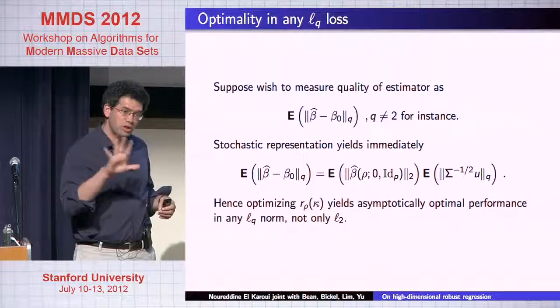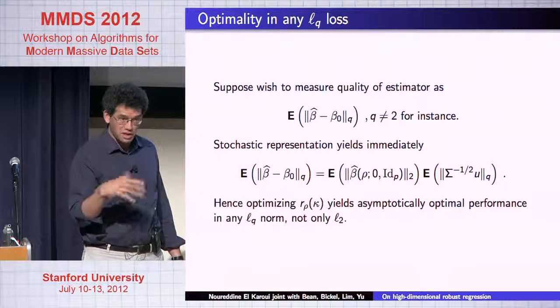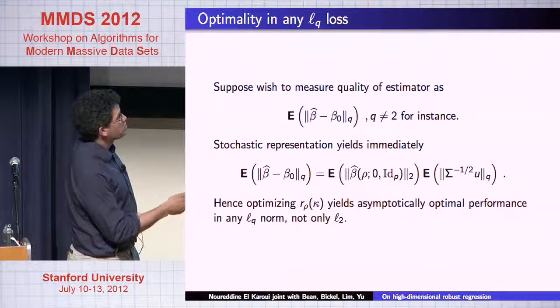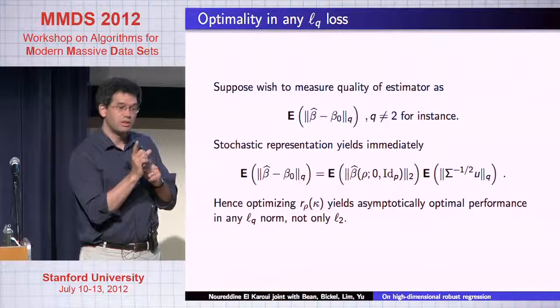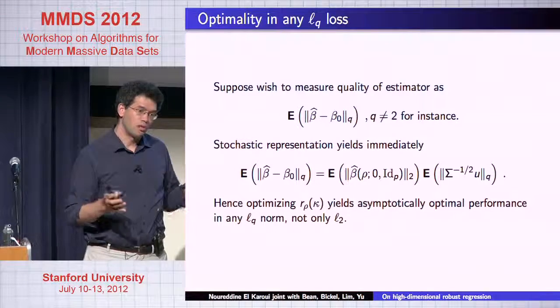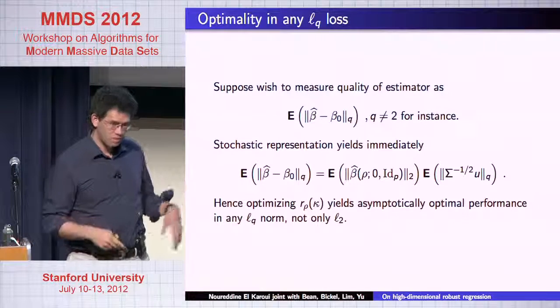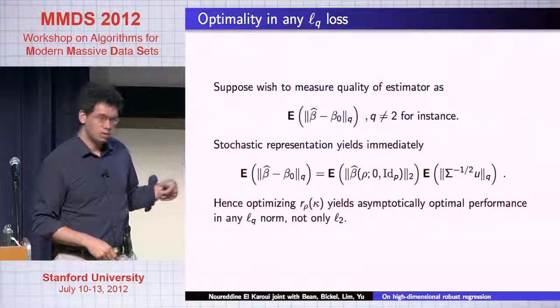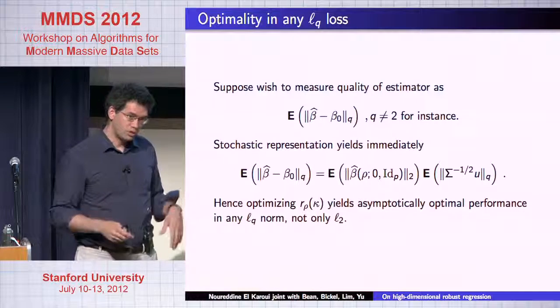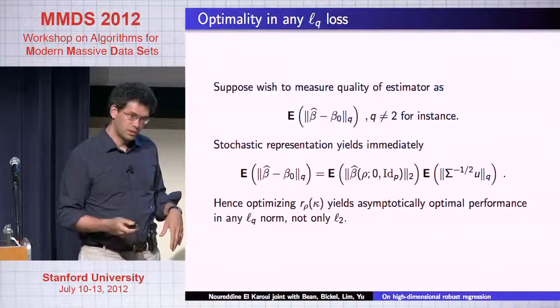The rotational invariance of the Gaussian design is key. And that's what gives me the independence between basically the norm of the error and its angle. And so I expect that in sufficiently high dimension, a similar phenomenon will happen even if I don't have a Gaussian design, but I haven't shown it. Does this answer your question?